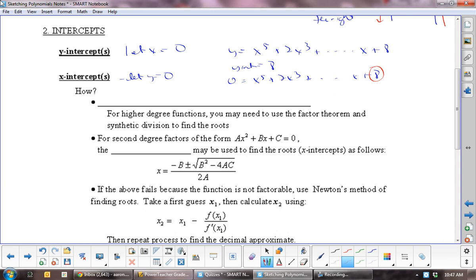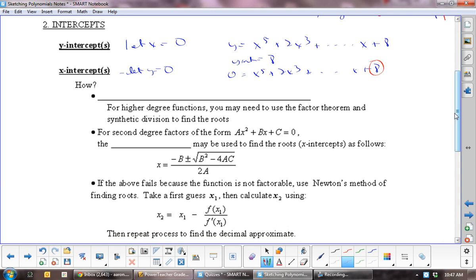Okay, so the 30-1s just wrote an exam on that, so they should know how to do that. So how do we do this? Okay, you want to use the factor theorem and synthetic division.